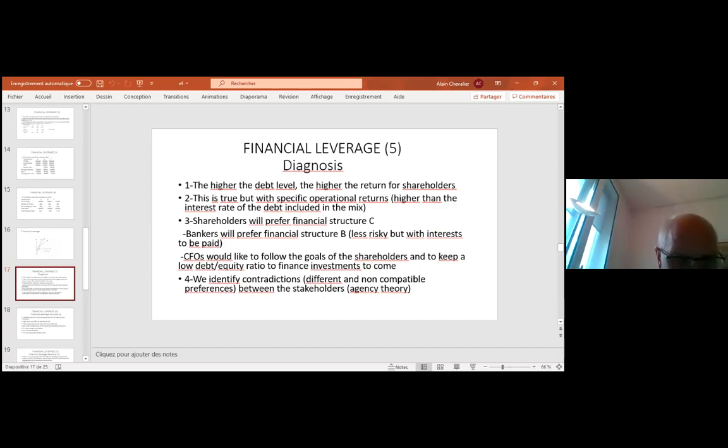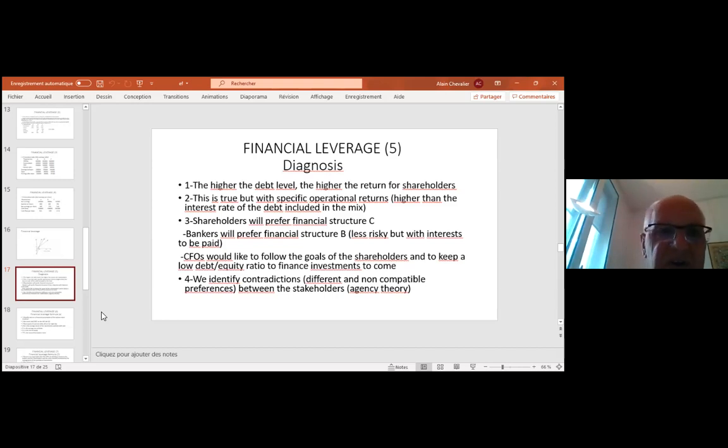Just a few words before moving further on the relations between the operational and financial leverage. If you are interested in that, you will find in your textbook, Berk and DeMarzo, that there is a multiplication effect between the operational leverage and financial leverage.